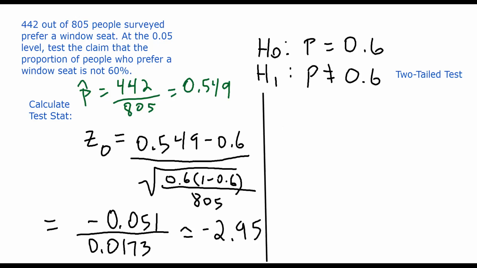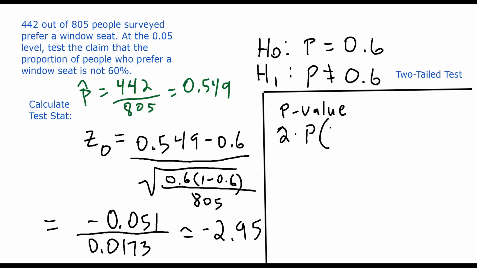So we're going to calculate a p-value. It's going to be twice the probability of getting a z-score less than negative 2.95, because the probability of being less than negative 2.95 is the area in one of the tails, and then we're doubling it because it's a two-tailed test.